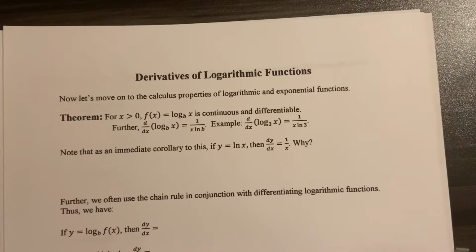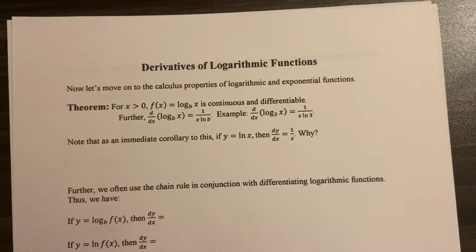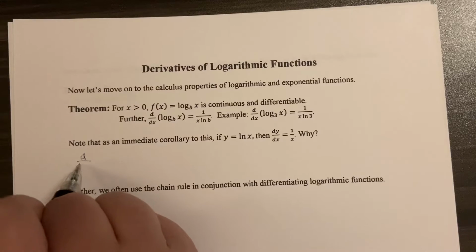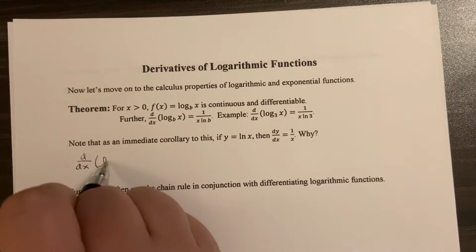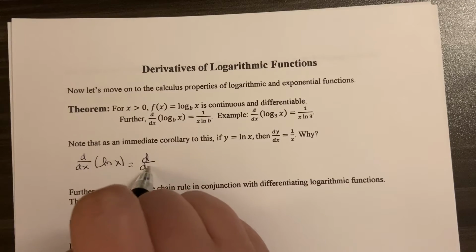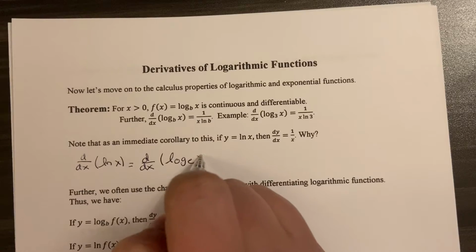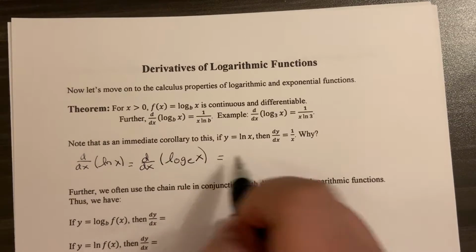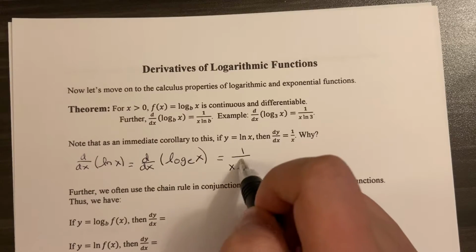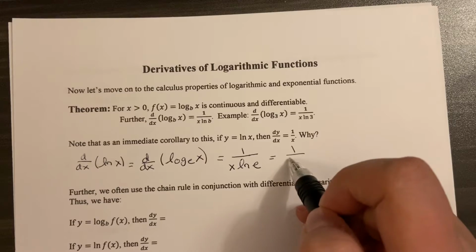Well, if we follow the same pattern of what they're showing in that example, if you start with d dx of ln of x, ln of x can be rewritten as a log. It's just log base e of x. So now carrying out the derivative, you would have 1 all over x ln of e, and ln of e actually just equals 1.